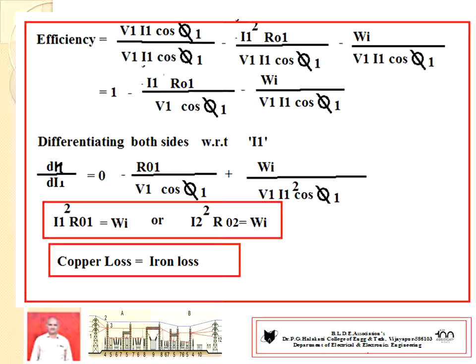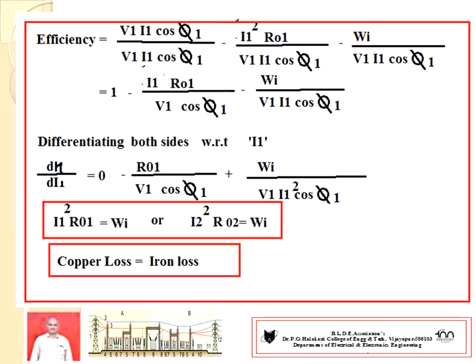To get the maximum efficiency, we have to differentiate the above expression with respect to the primary current, because we have considered the primary side, where the variable parameter is current. Hence d efficiency by dI1 equals 0 to get the maximum efficiency. The first term gives 0, the second term gives R01 divided by V1 cos phi 1, and the third term gives plus Wi divided by V1 I1 square cos phi 1 after differentiating.